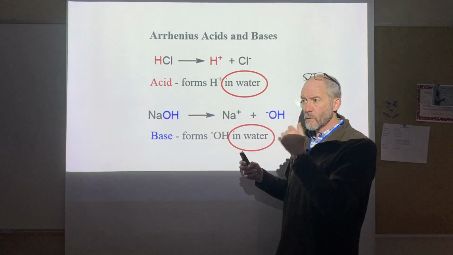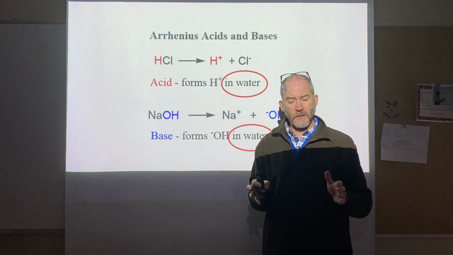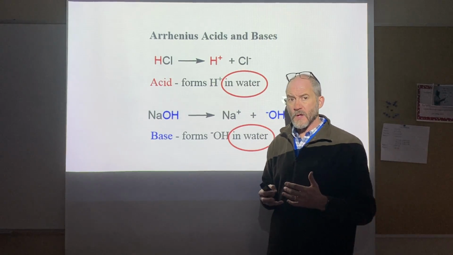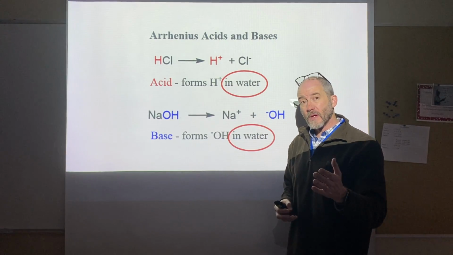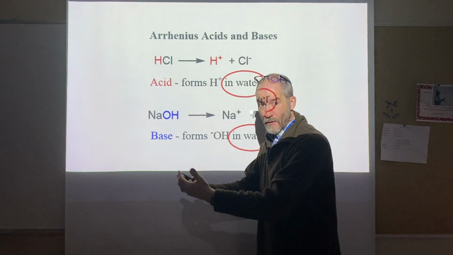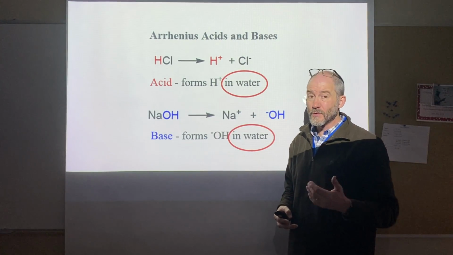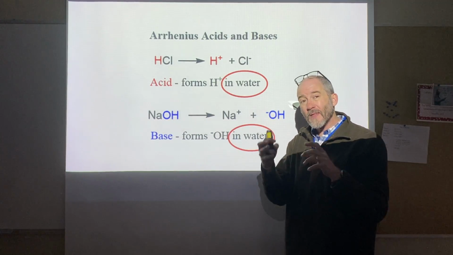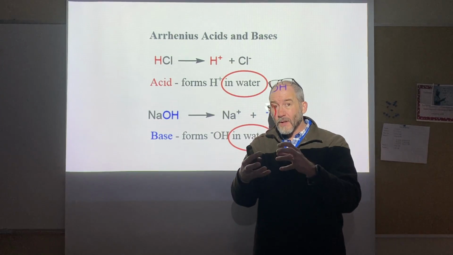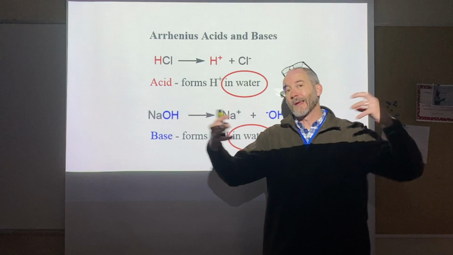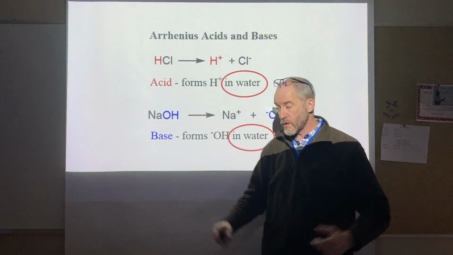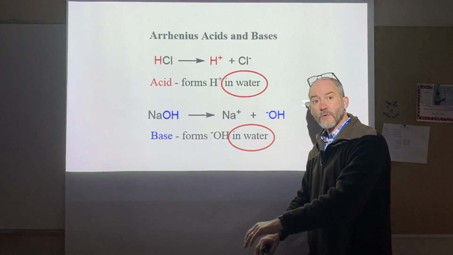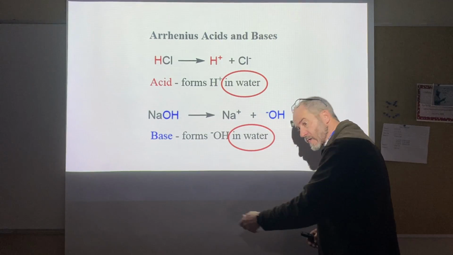Let's make sure we understand that in an aqueous solution, water acts as a good solvent. Whatever you have in water, due to its polarity, due to oxygen's electronegativity, will come apart. We use words like ionize, dissociate, dissolve. We look at the solubility table and use words like soluble and insoluble.